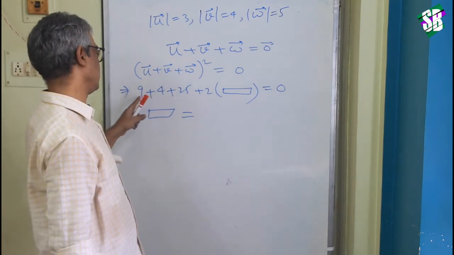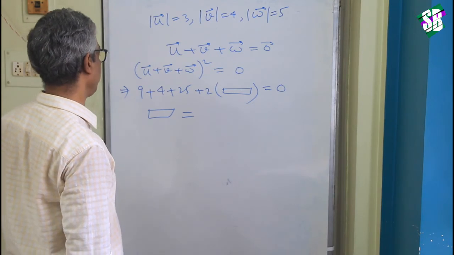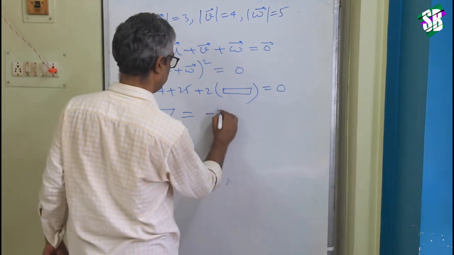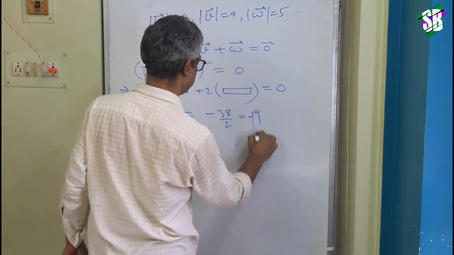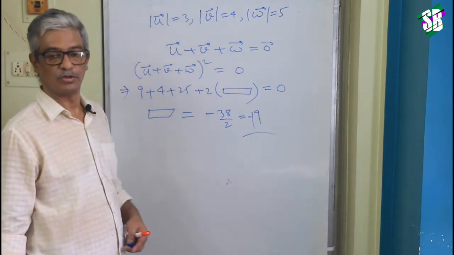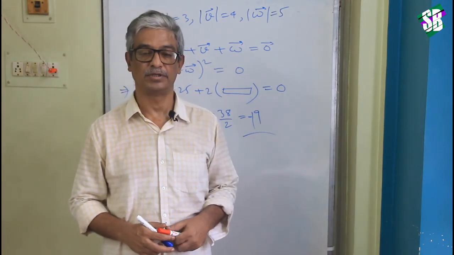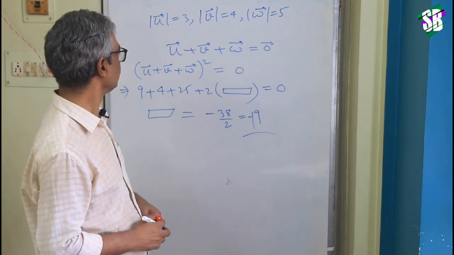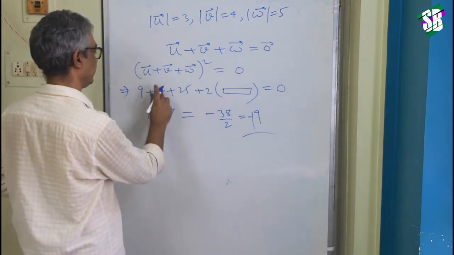So what is required is equal to 9, 34, 38, means minus 38 by 2, means minus 19. Which option is minus 19? Have I done something wrong? This is 9. Oof, this is 16.